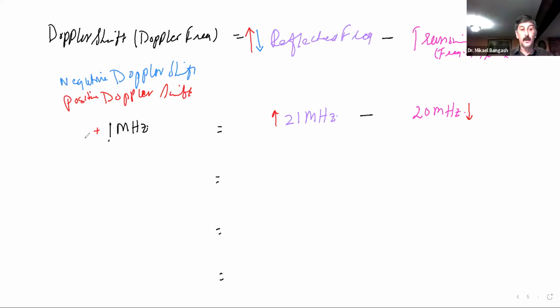In this instance, what did we have? We ended up having a Doppler shift of 1 megahertz, or a plus 1 megahertz Doppler shift. The plus here means that it is a positive Doppler shift. What did we mean by a positive Doppler shift? That blood moves towards the transducer.